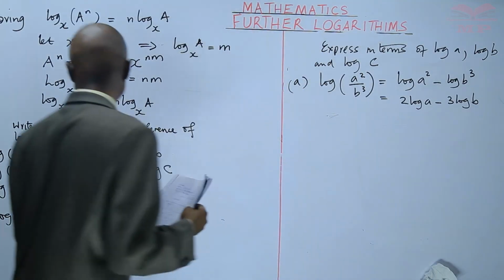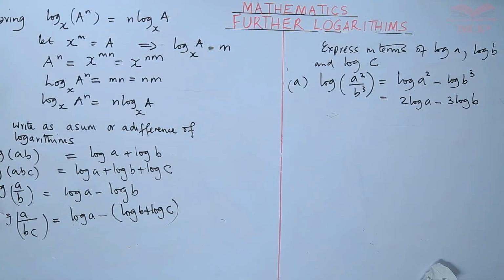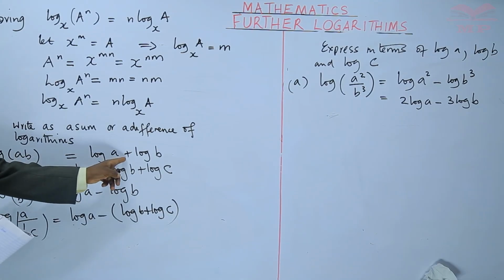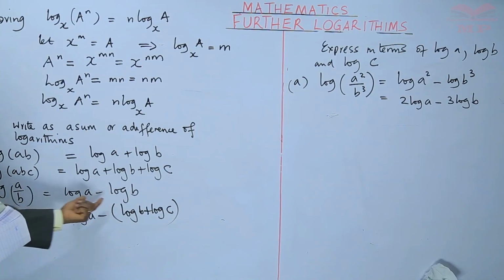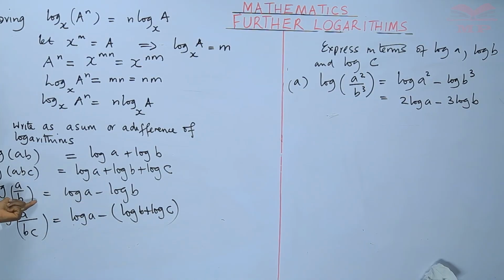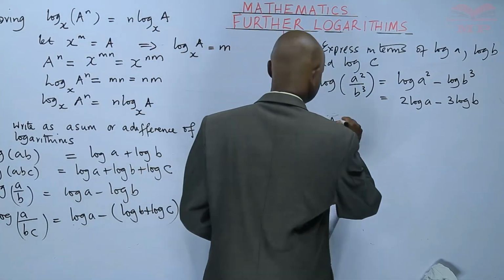Before I go to that, they can give you this and tell you to write that. If they have given you these additions in logarithms, when you come to putting together, it will be multiplication. If it is a subtraction, it becomes a division. So it can be vice versa.